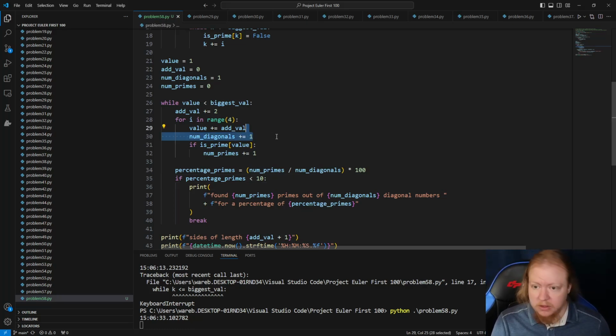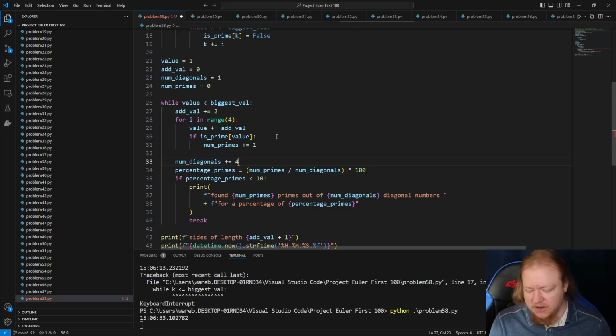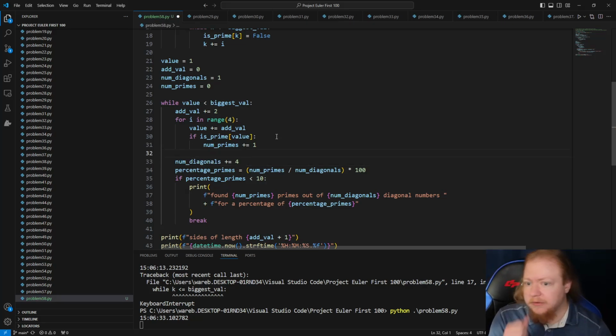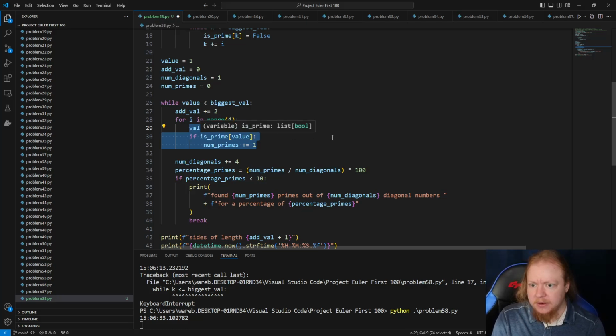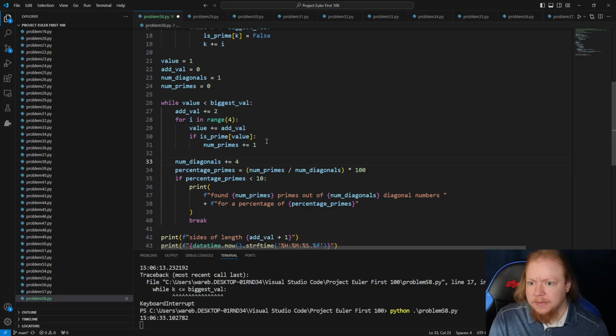Here's one thing we can do, is we can take this and just add 4 every loop, because that's going to be true. I don't quite know if we can get away from this. And also, I don't know that this gives us any savings, actually.